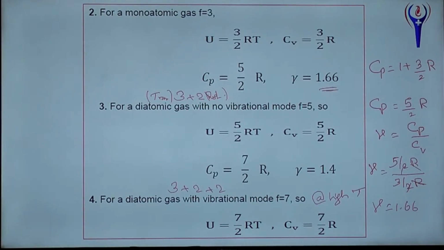Cp equal to R plus 7 by 2 R, that is 9 by 2 R. And what about gamma? Gamma equal to 9 by 7 will come. Is it so? 9 by 7, how much?